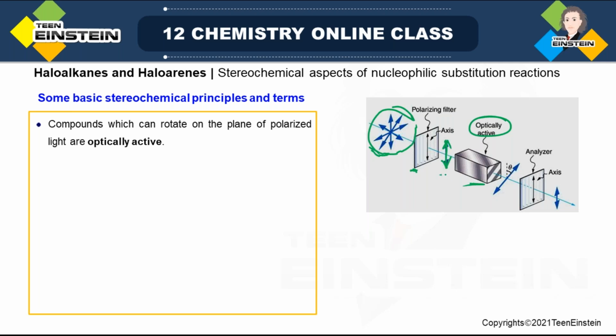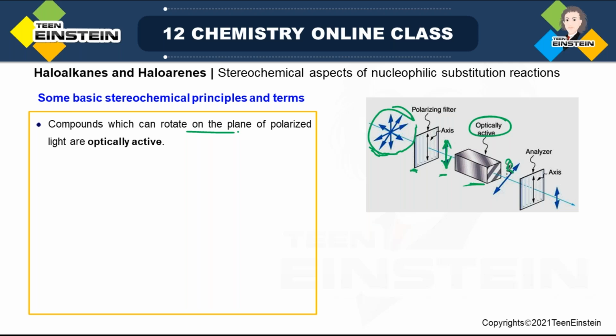So see, before moving through this optically active compound solution, it is vertical, but now it is at an angle of theta degrees. In this way, an optically active compound can rotate the plane of polarized light.